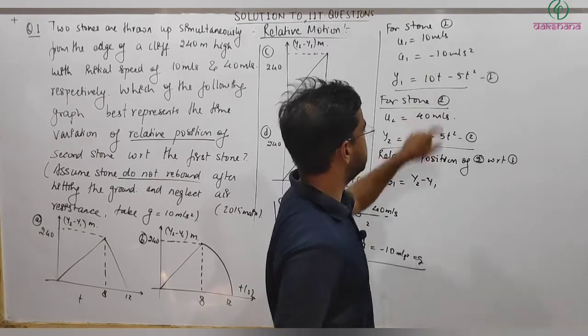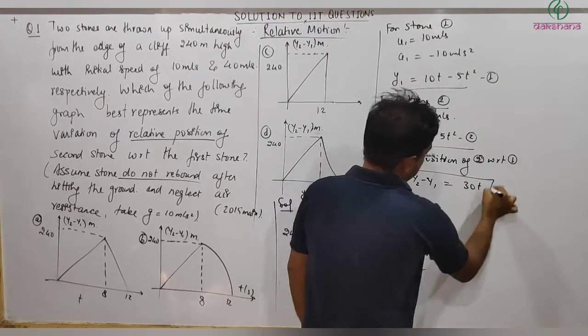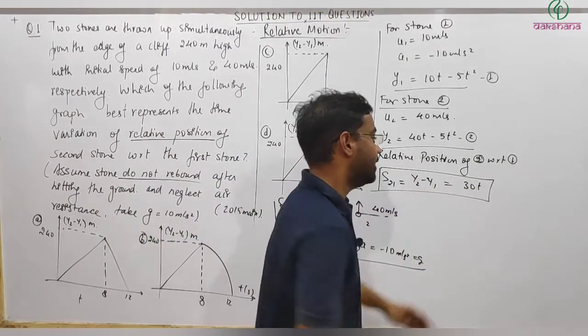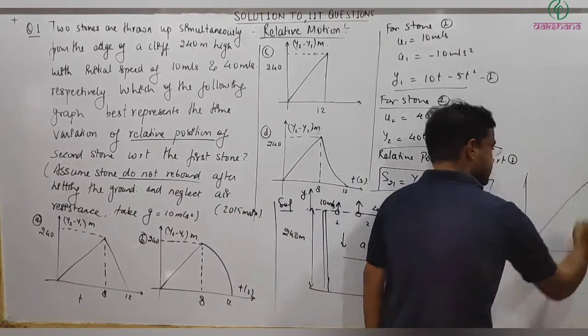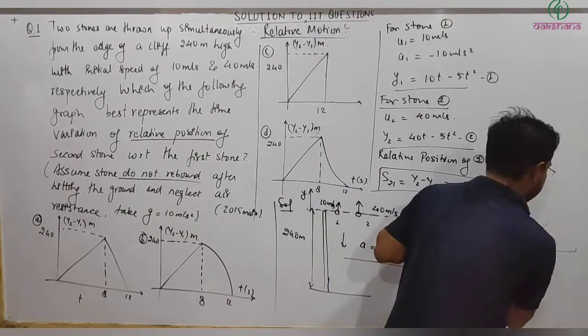Simply subtracting, I get 30t. So if I just blindly go from this step, the graph should be simply a straight line, but that will not be the case because it's not complete. We need to look for something else.